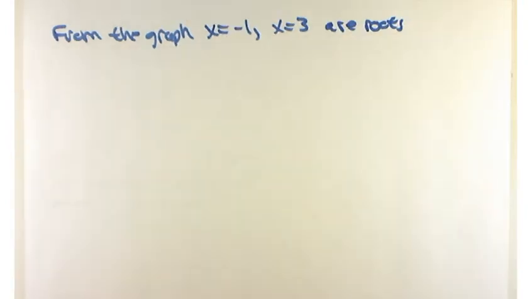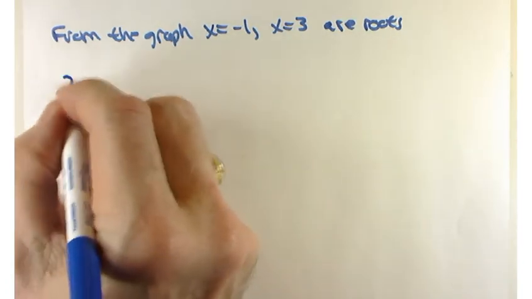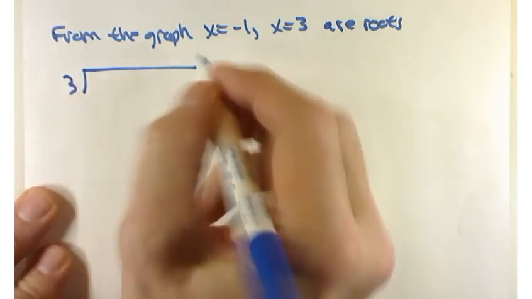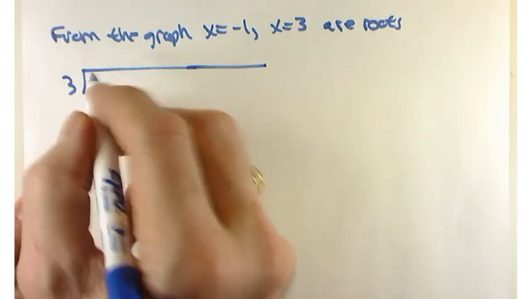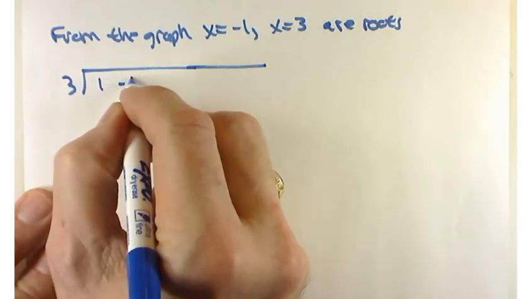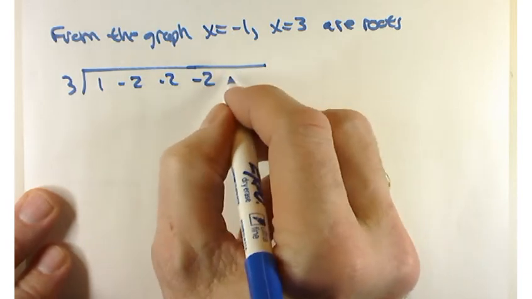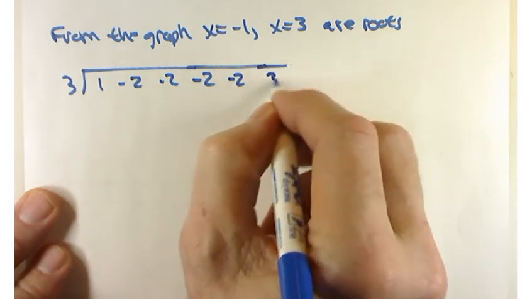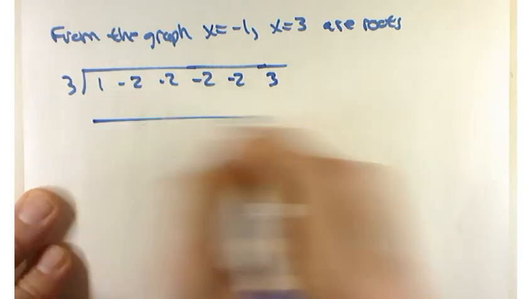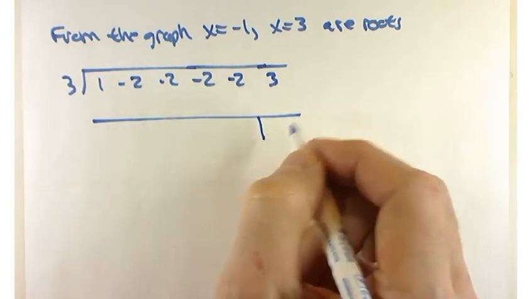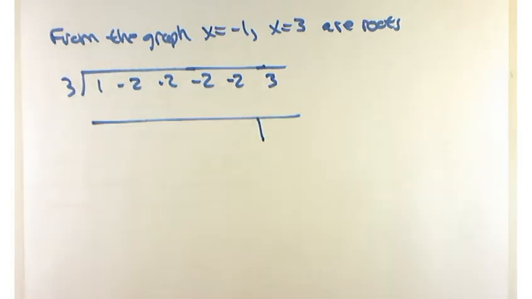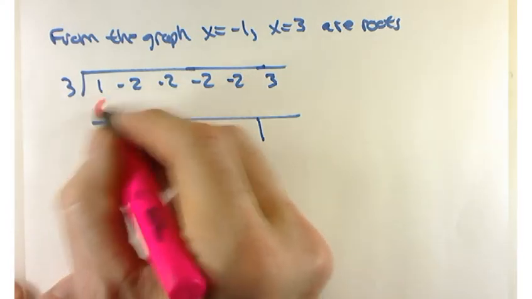And we can factor them out with synthetic division. So it's going to be a 3 here. Then 1, -2, -2, -2, and finally -3. What do I put underneath that 1 to start with? 0.